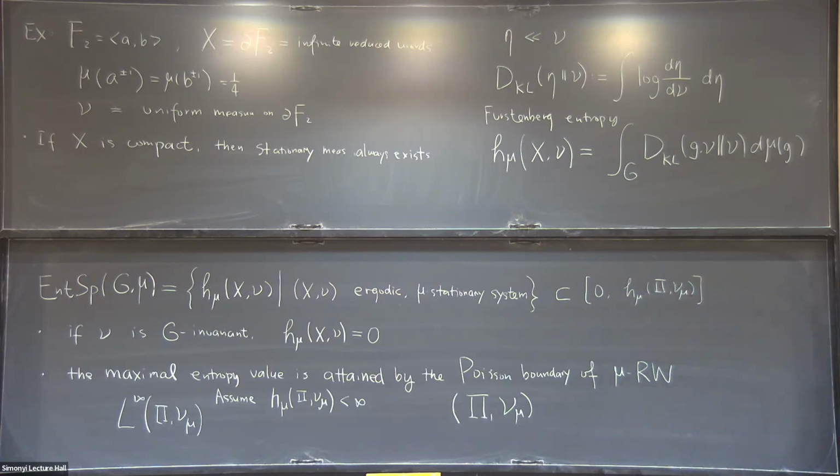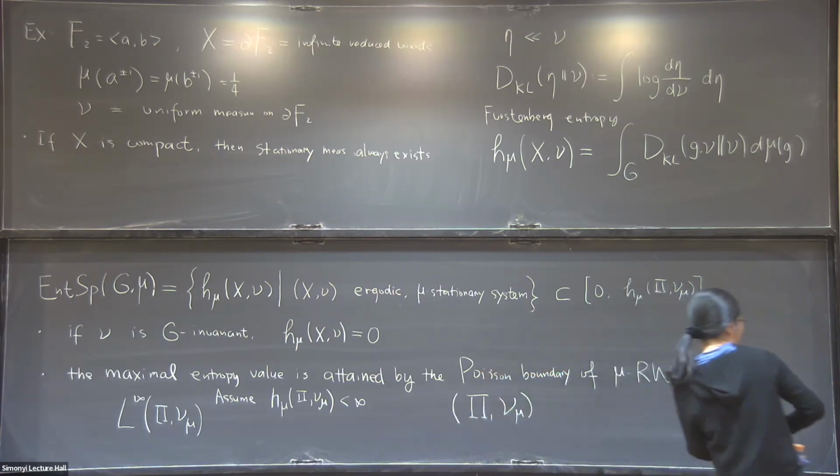So the next question you can ask is, does this set sitting inside this interval have some structure? What kind of numbers can you see for these systems? And it shows some known results.